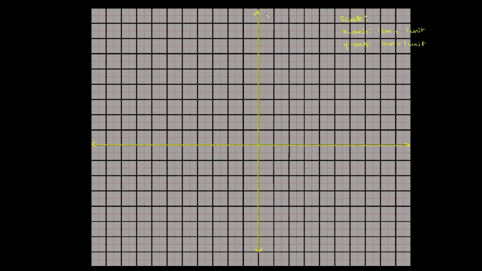Graph should always be neat. So we have y, x, y dash and x dash, and we have the origin O. All well and good.